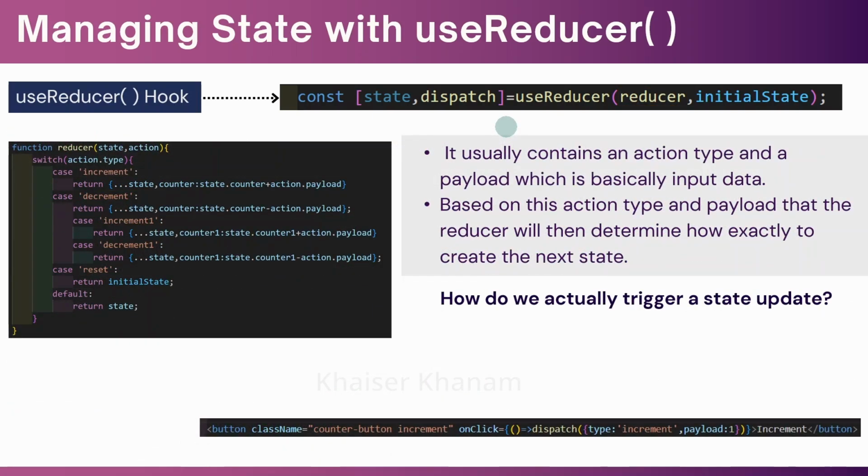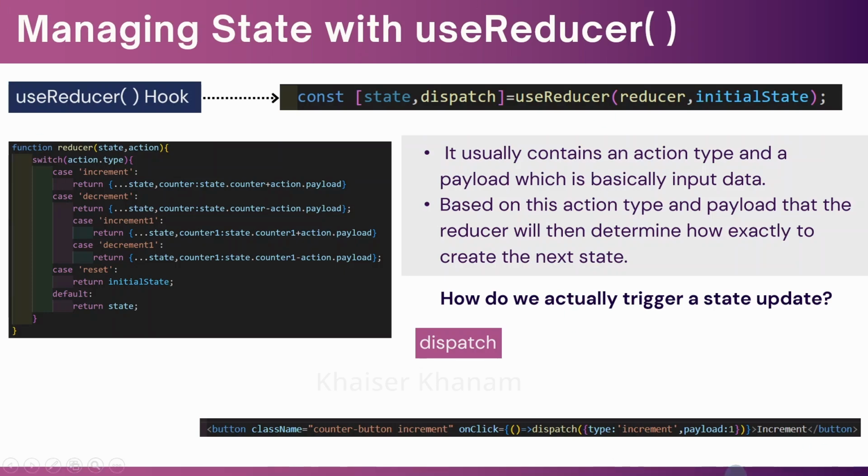Now the next logical question is, how do we actually trigger a state update? For that we use the dispatch function. useReducer returns this dispatch function, which we can use to trigger state updates.